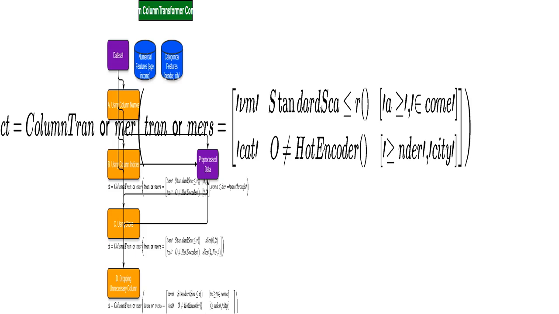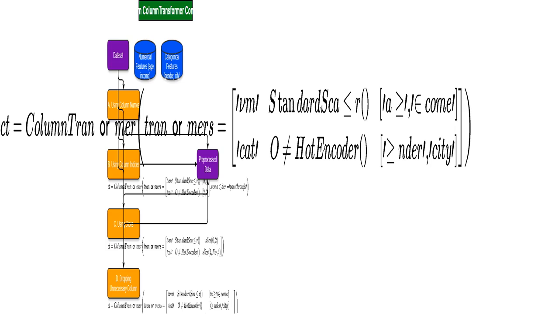This line defines a COLUMNTRANSFORMER object called CT. TRANSFORMERS is a list of tuples.